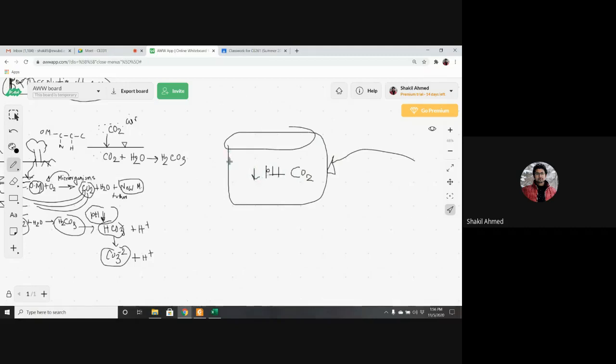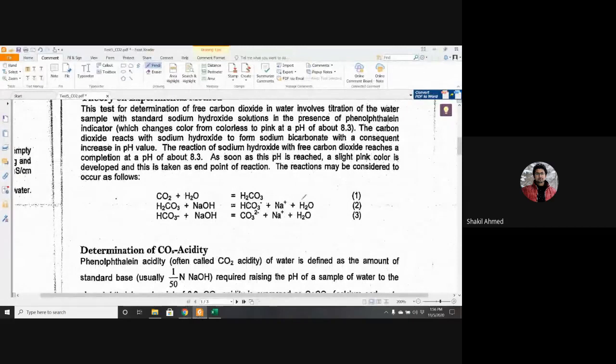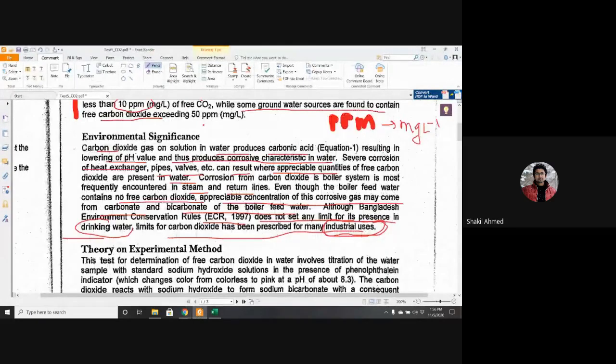In case of higher acidity, there will be corrosion in the container, because with heat, this corrosion will be accelerated. Boiler feed water. Is it clear? Yes, sir.